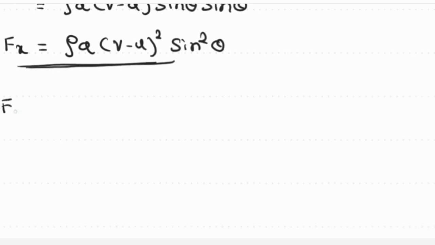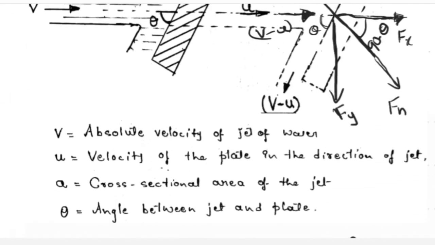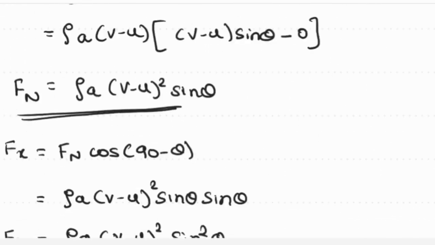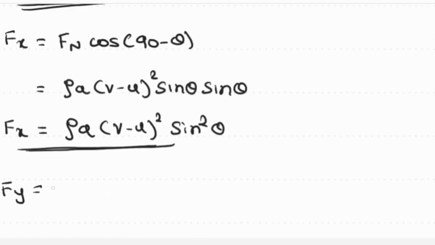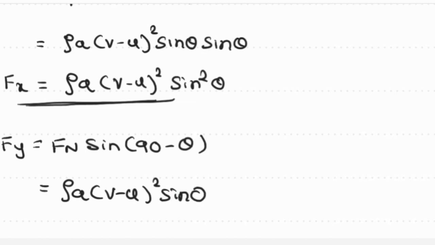Similarly, we calculate Fy. If you go through the figure, Fy is equal to Fn into sin of 90 minus theta. What is Fn? It is rho A v minus u whole square into sin theta. And sin of 90 minus theta is cos theta.